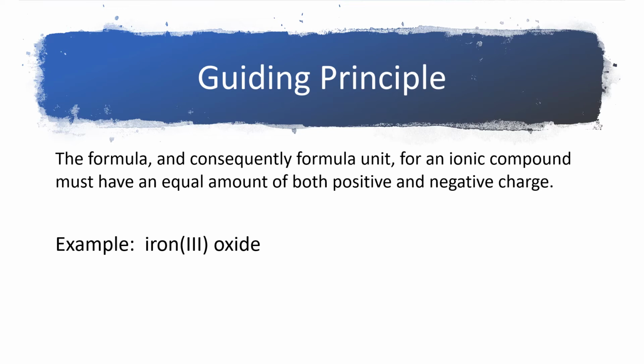So for instance, if we want to write the formula for iron 3 oxide, iron 3 tells us that we have an iron ion with a +3 charge, and oxide tells us that we have an ion with a -2 charge. So if we take just one of each, we've got 3 positives and 2 negatives, and those do not cancel each other out. So how are we going to do this?